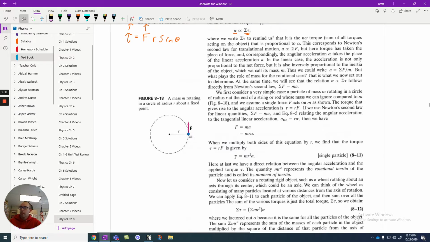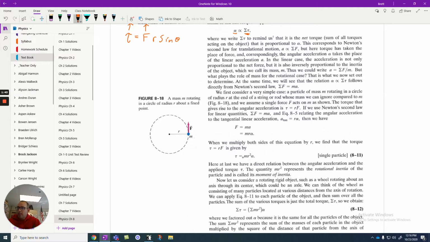When we look at this formula and we talk about how torque and acceleration are related, we recognize that the mass has a big part to do with it, but also how far out that mass is. Because if the mass is located towards the center versus located out on the edge, there's going to be a different sense of how hard it is to roll something.